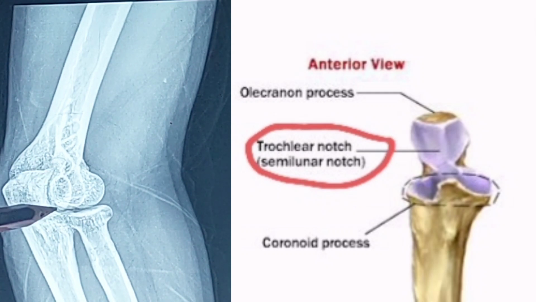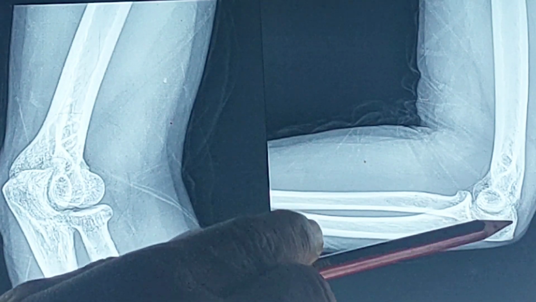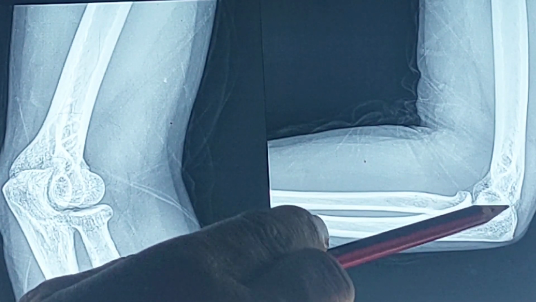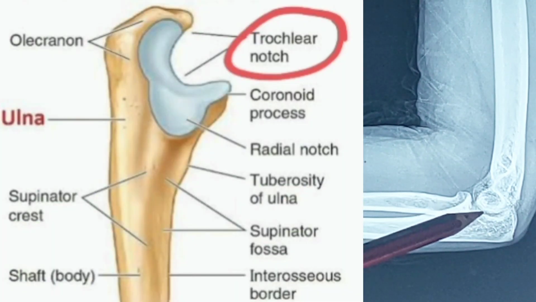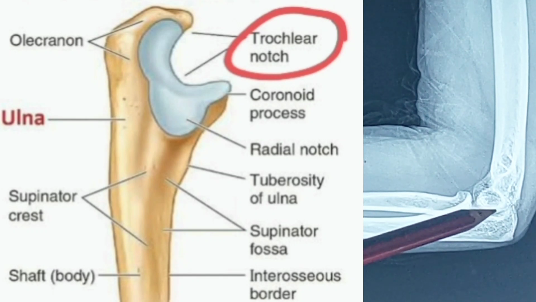This concavity forward between these two processes is called the trochlear notch. In this lateral view, you see the olecranon process and the coronoid process, and the concavity between these two processes, facing anteriorly, is called the trochlear notch.